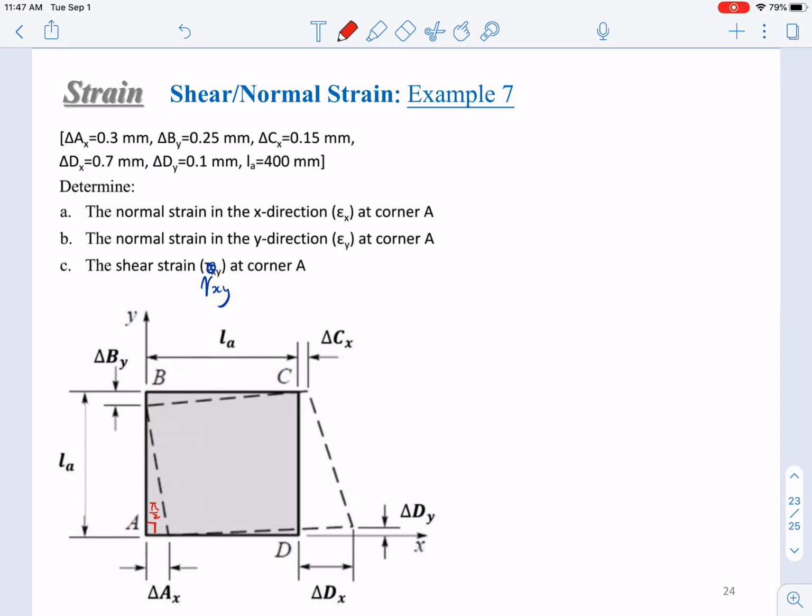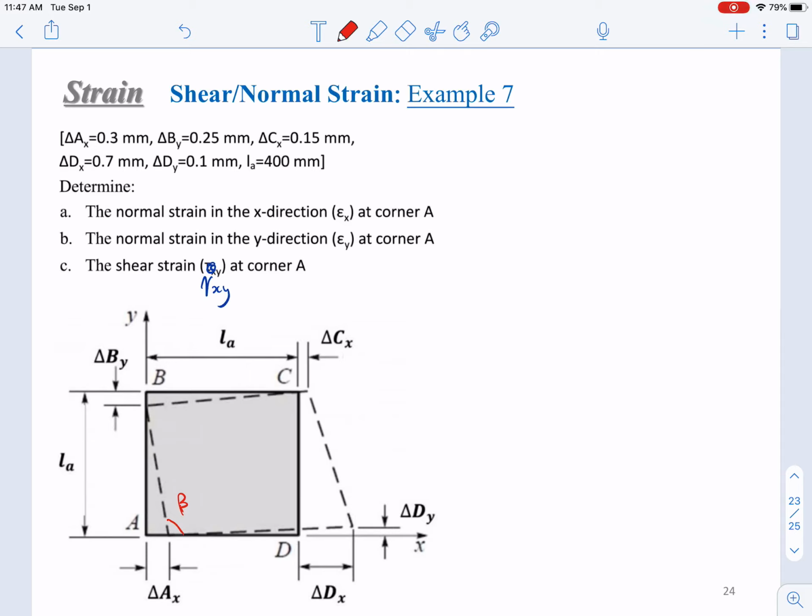And after deformation the angle is here. This is our beta to find. But how can we find this beta? It's a very large angle. This is not easy. But we can get the beta from pi minus two smaller angles.